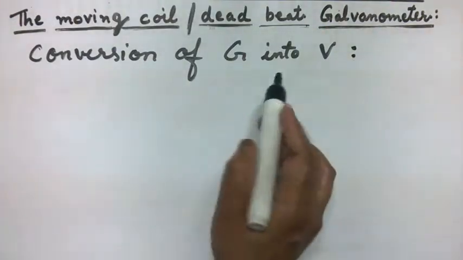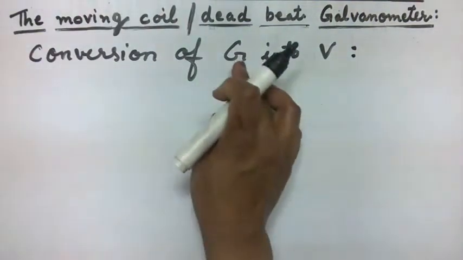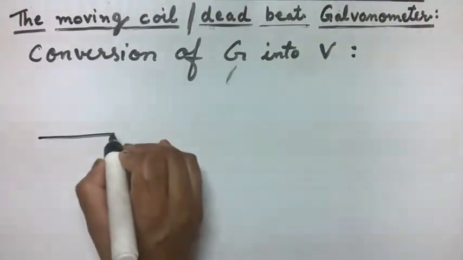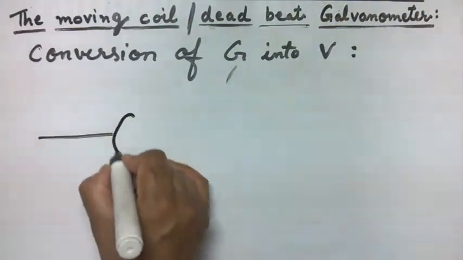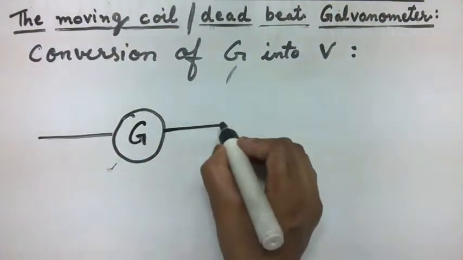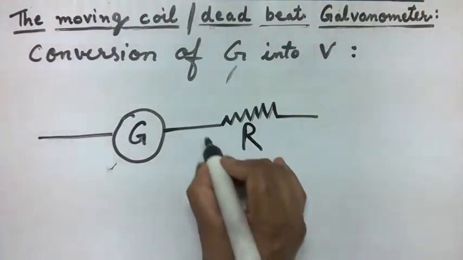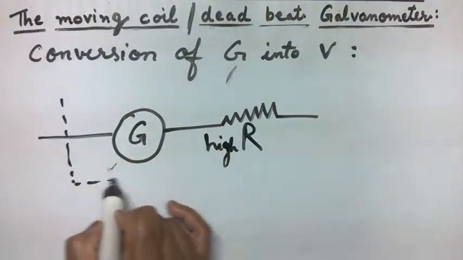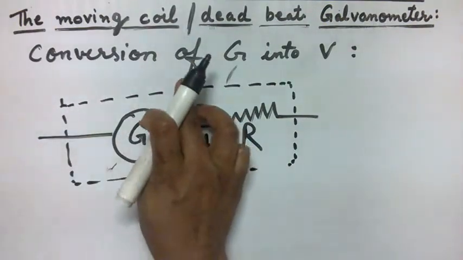So, to convert the galvanometer into a voltmeter, we will increase the resistance of the galvanometer by connecting a very high resistance in series. This arrangement is known as a voltmeter.